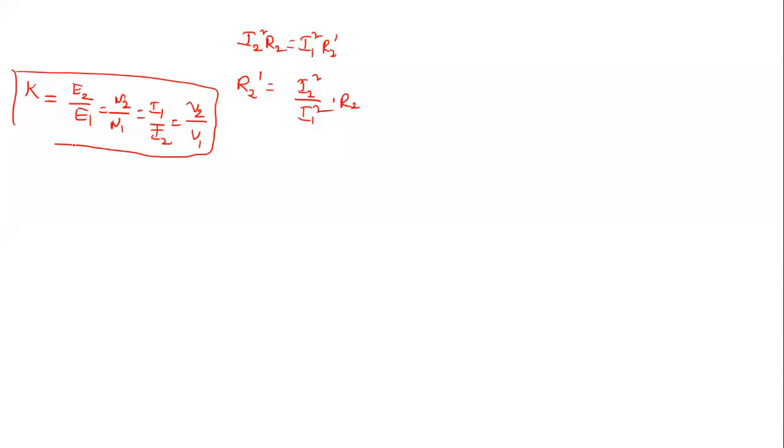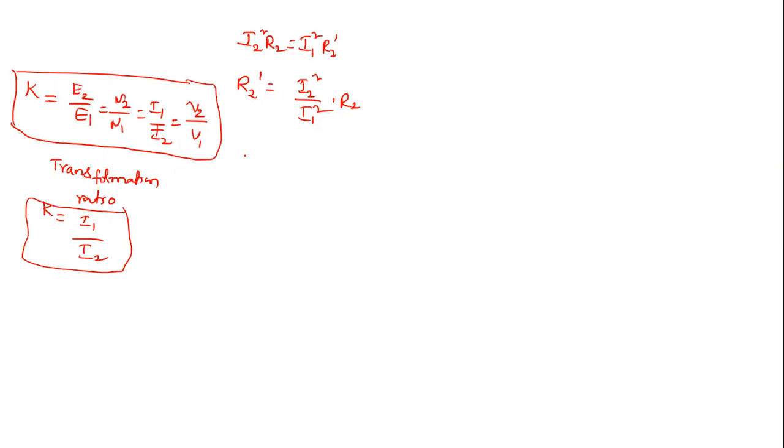As per that, K is I1 by I2, so I2 by I1 is simply 1 by K. Therefore, R2 prime is equal to R2 by K square.